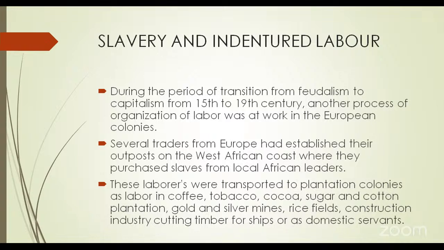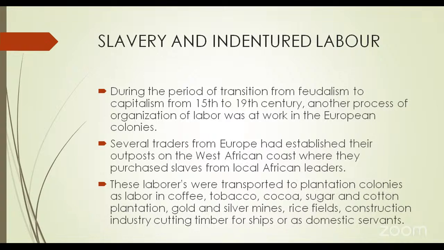These laborers were transported to plantation colonies, to labor in coffee, tobacco, cocoa, sugar and cotton plantations, and as domestic servants. So when we go to NDI 9 and look at human trafficking, it also has a historical context from slavery.